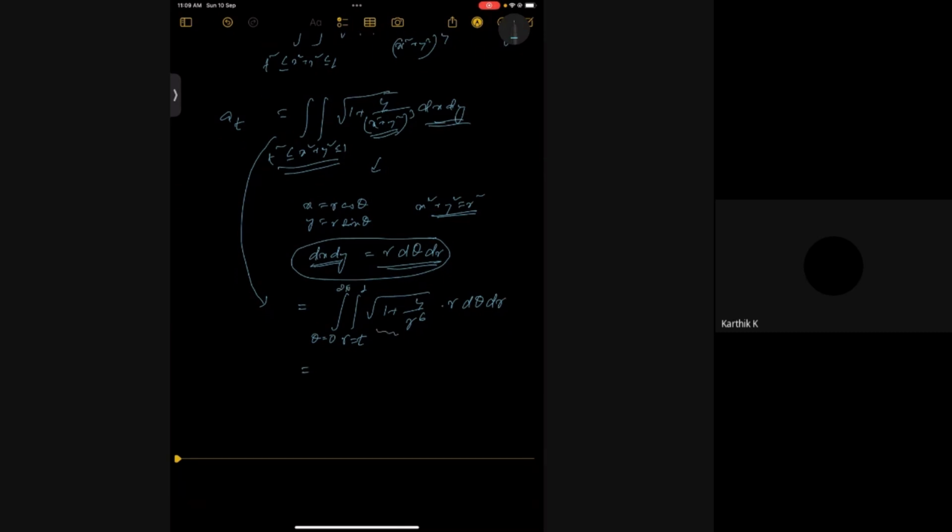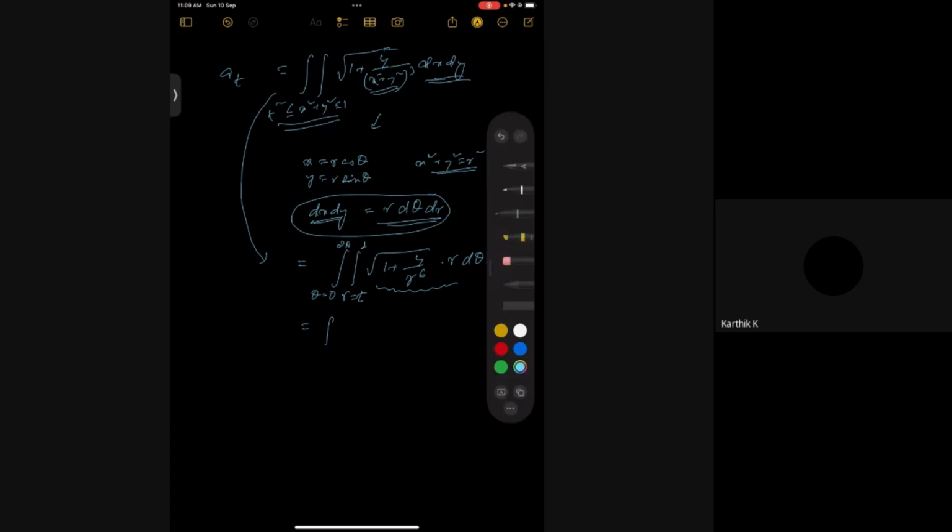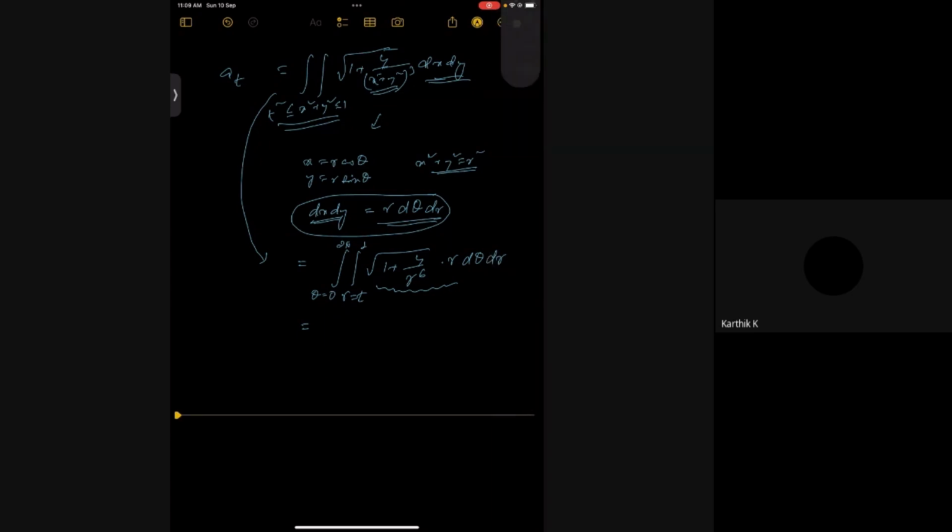Because there is no theta involved here, I can separate the two integrals and get a 2 pi outside: 2 pi times the integral of r times the square root of 1 plus 4 r to the 6, dr, with r going from t to 1.